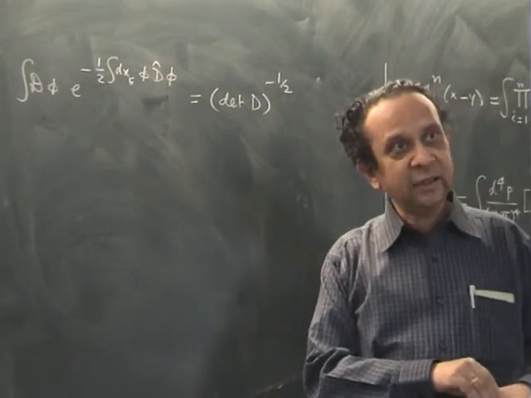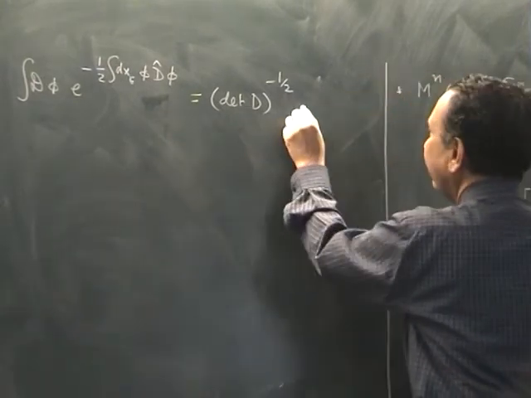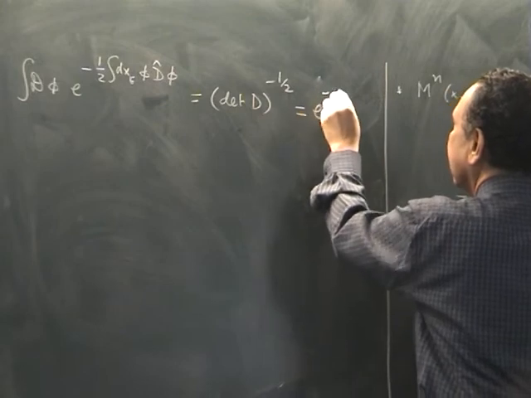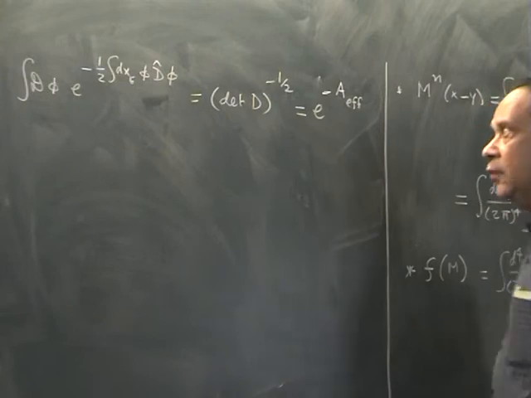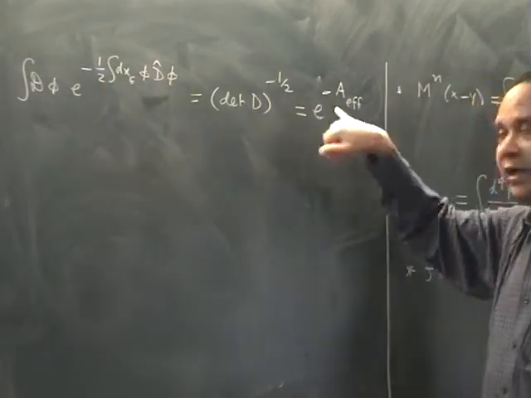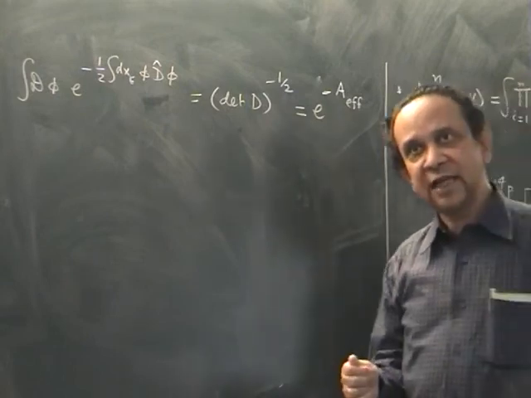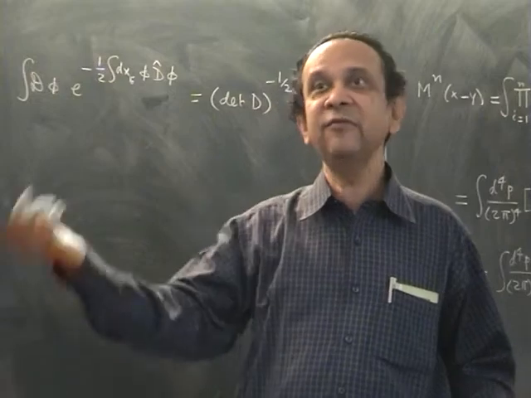So if it is a partition function, then it is much nicer to write this as e to the minus some effective action. Because there was an e to the minus this action, I have summed over it and written it like that. This is what we do in stat mech. You take a partition function and you write it as e to the minus beta times the free energy.